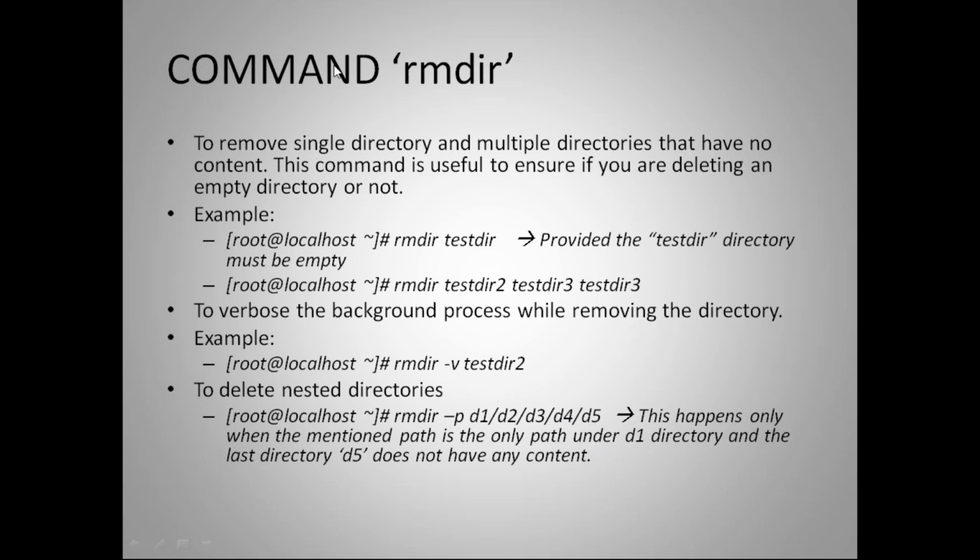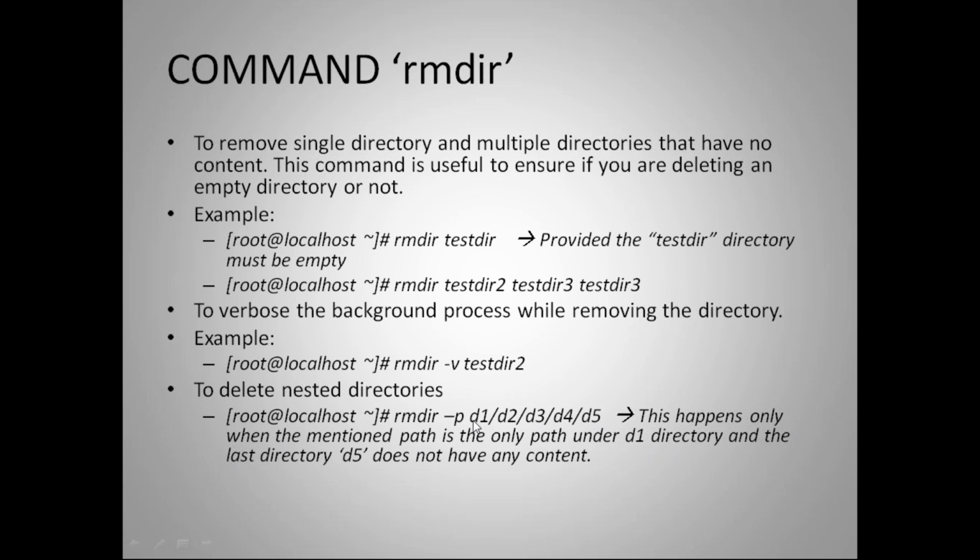What if D5 has any content? Then it will not be removed. Simple: it throws an error, and you have to use some other command like rm. So that is the condition here. This happens only when the mentioned path is the only path under the D1 directory and the last directory D5 does not have any content.